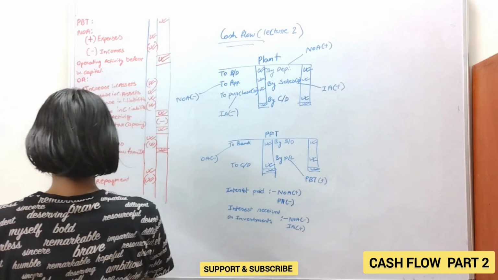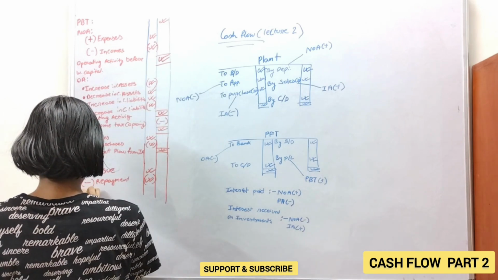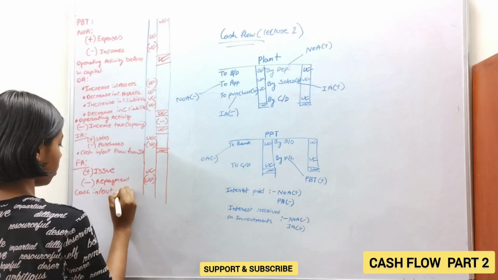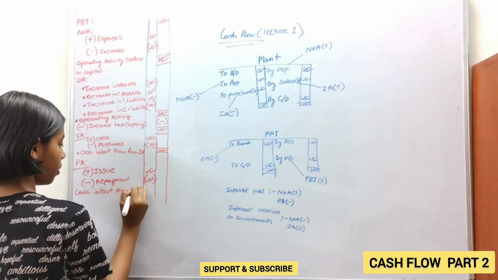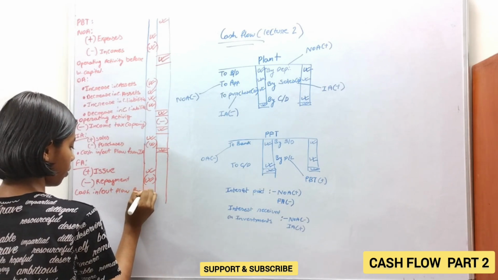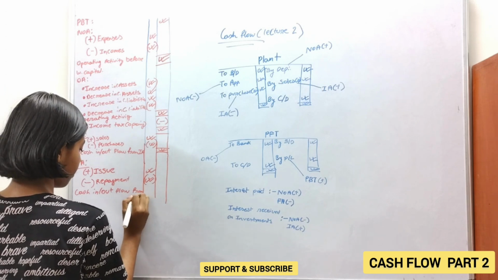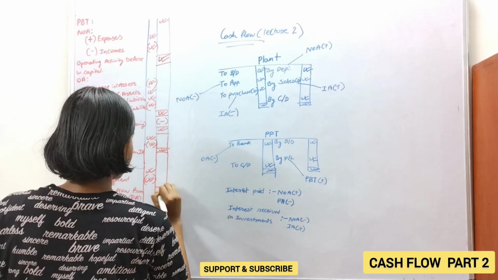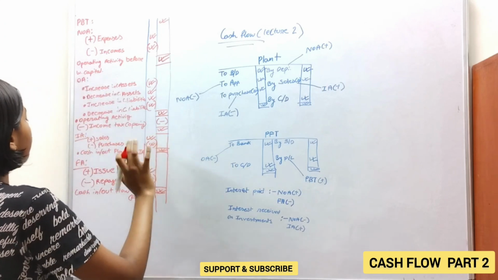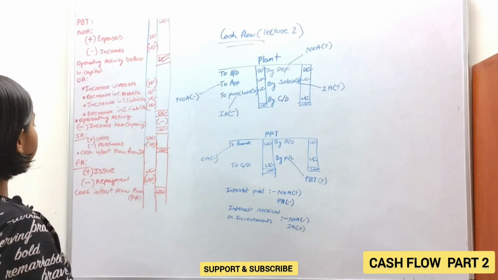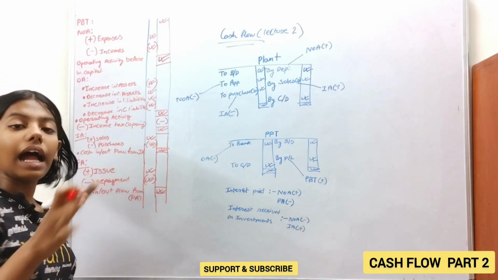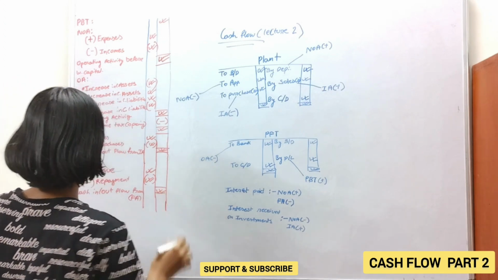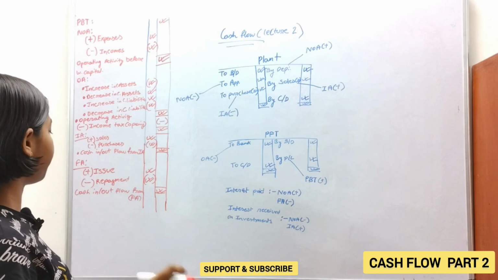And then we'll calculate cash inflow, outflow from FA. Same case, to the cash inflow, outflow from IA amount we have got, we will add the issue amount and then less the repayment amount. So then we'll get cash inflow, outflow from FA.